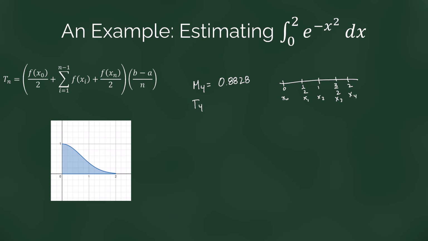And if we look at our function values here, so we have f of x sub i for each of those. Go ahead and write decimals this time.